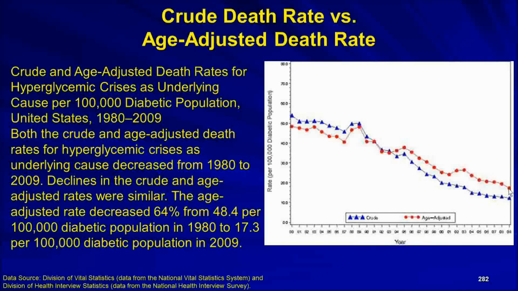Okay, so I think I can summarize it right here with you. The age-adjusted rate decreased 64%, from 48.4 per 100,000 diabetic in 1980 to 17.3 per 100,000 in the diabetic population in 2009.